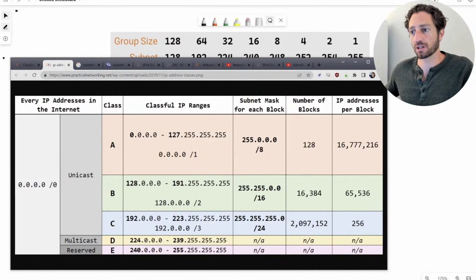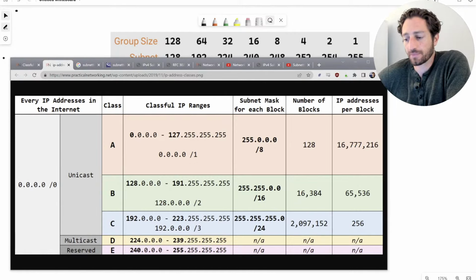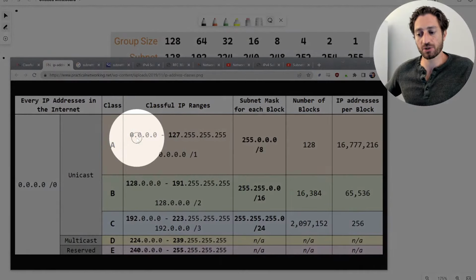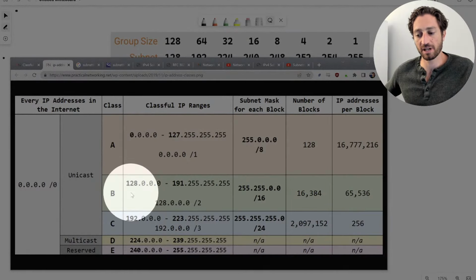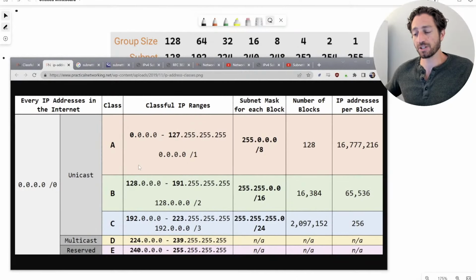Essentially, in the classful networking days, you could infer the subnet mask just from the number used in the IP address. If it started in this range, it was class A. If it started in this range, it was class B. If it started in this range, it was class C, and so on. In those days, just looking at the IP address would let you know the mask and therefore the network ID of that particular network.